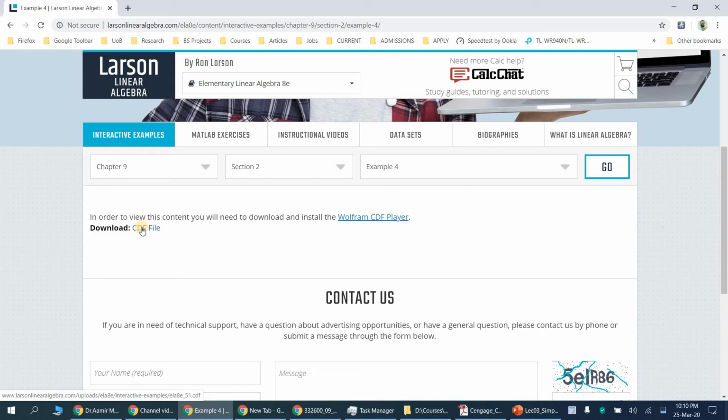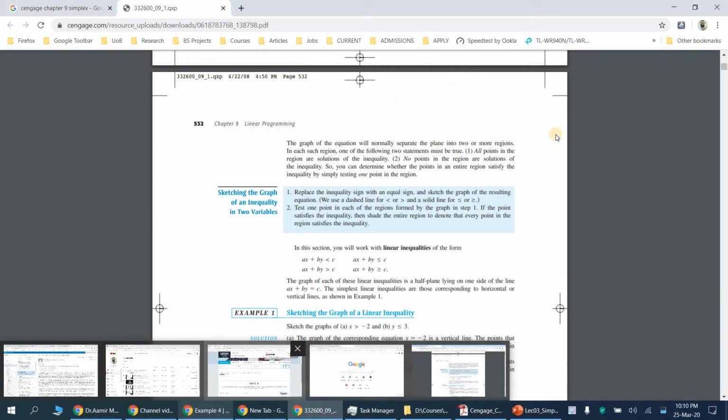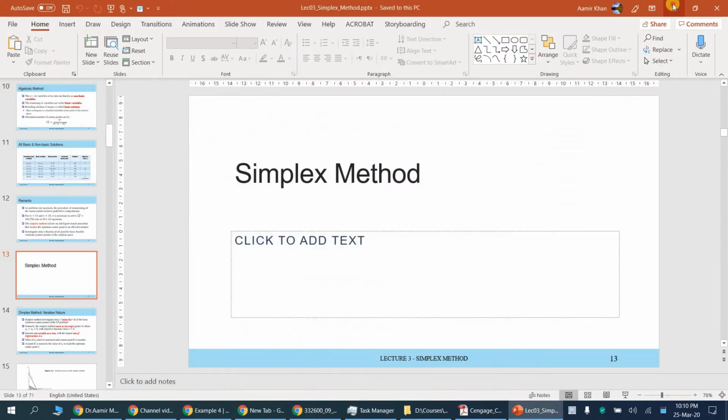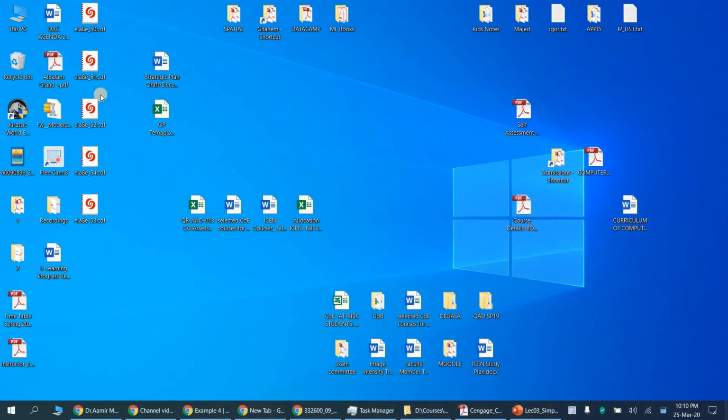This is a special type of file format. For this you will need a CDF player from Wolfram. It's available here, but it's a big file, almost 1 GB. When you click and download this file, for example, this is file number 51. I have already downloaded it. So if I open it for you, this is how it looks like. This is it, 51.